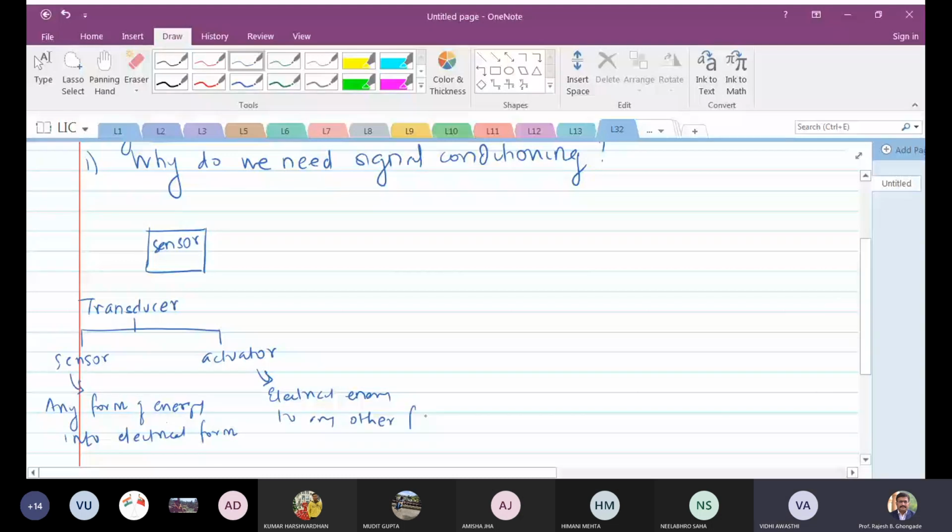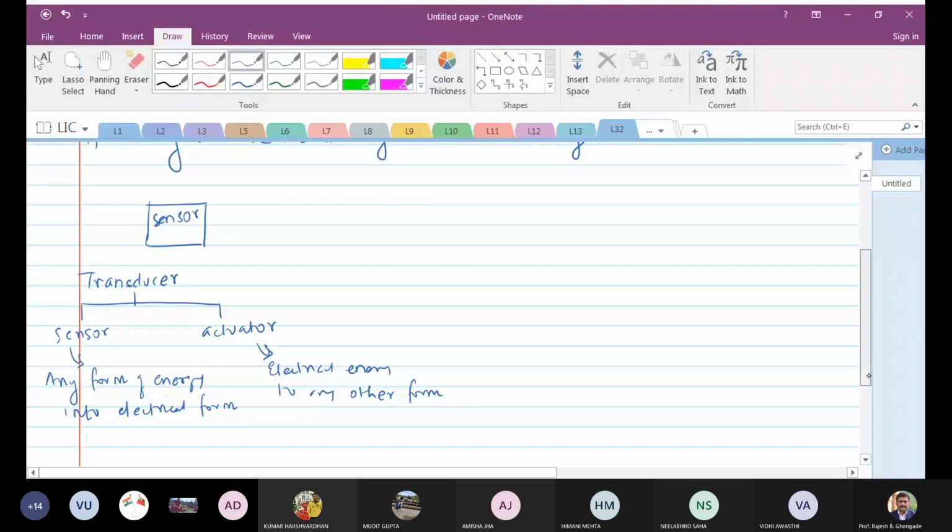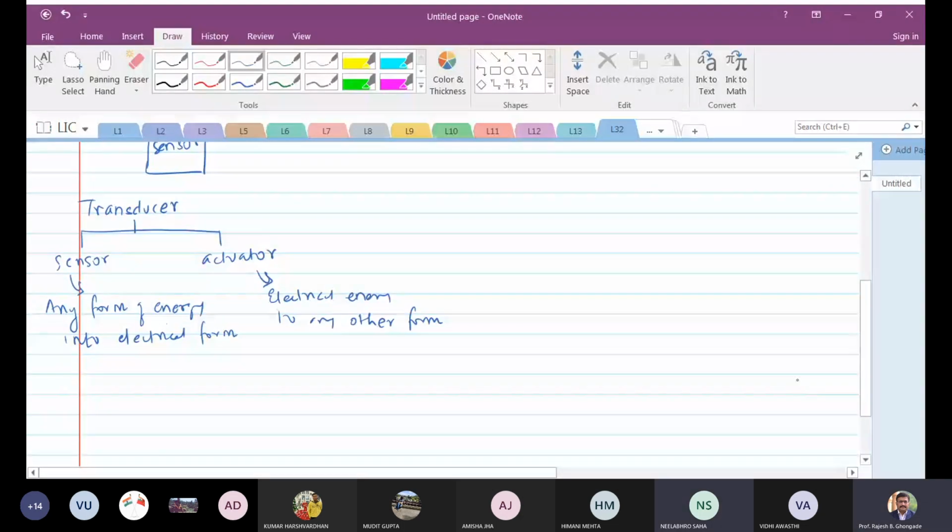Can you give me an example? So microphones. Exactly. Your microphone is a sensor, and what is an actuator? The speaker. The speaker is an actuator.